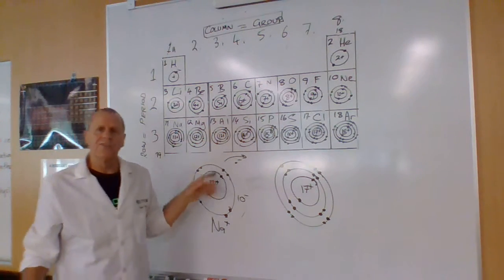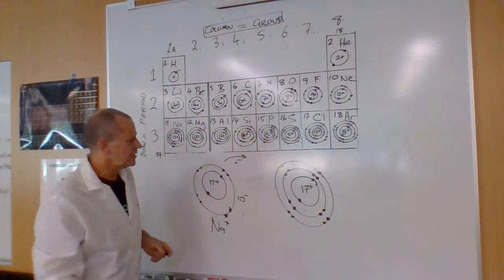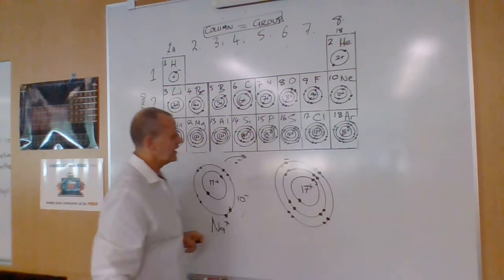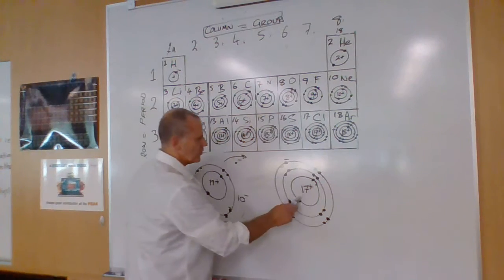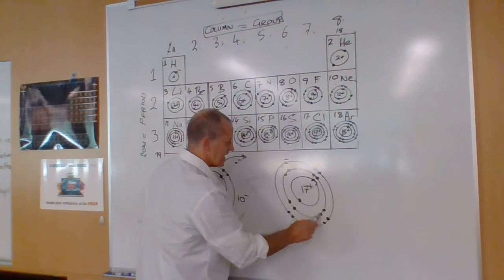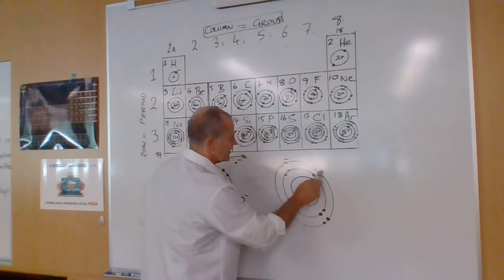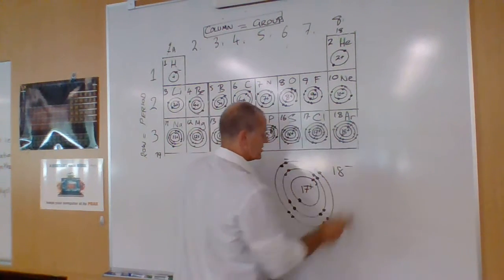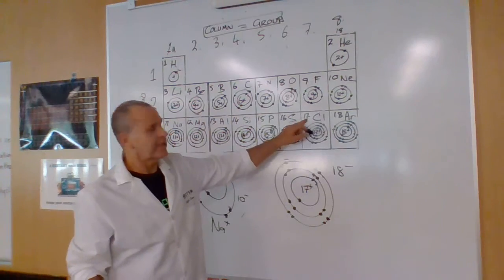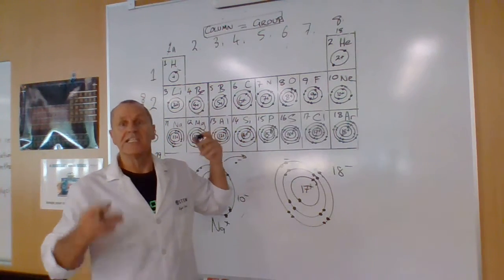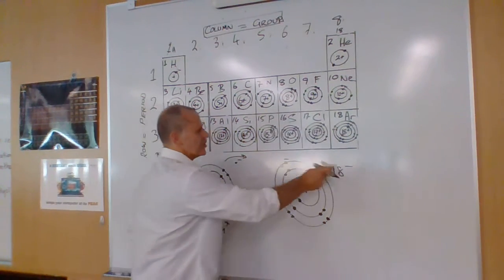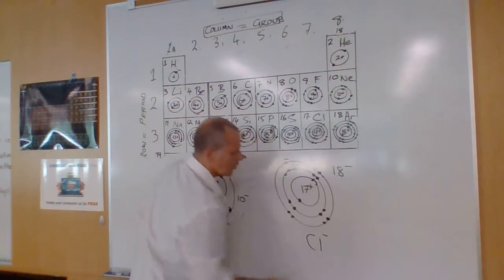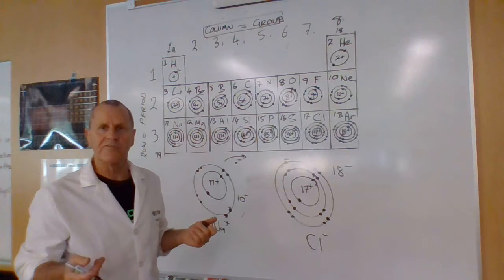And that's pretty convenient for chlorine, because chlorine can now take that electron here, and now chlorine has 1, 2, 3, 4, 5, 6, 7, 8, 9, 10, 11, 12, 13, 14, 15, 16, 17, 18 electrons. It has 17 protons, and the definition of chlorine is 17 protons. It's now got 18 electrons, so it's now 1 more negative than the number of positives.